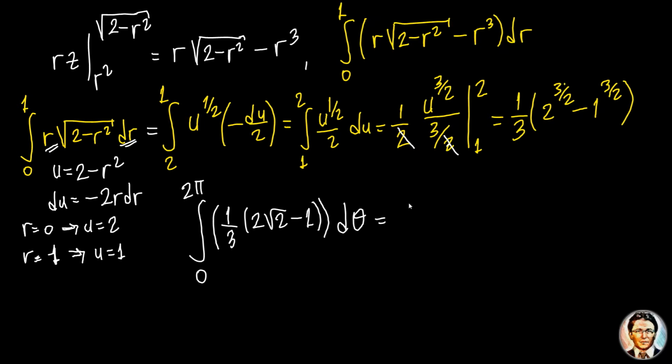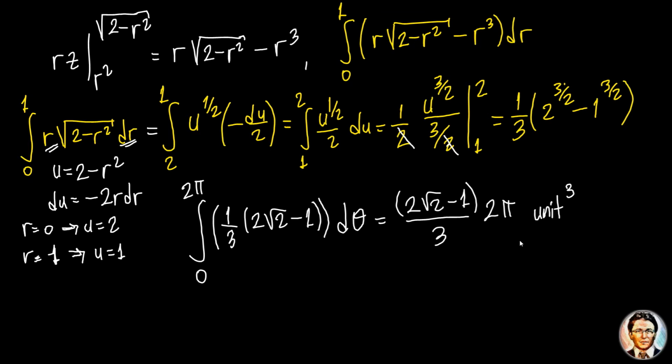So this is going to be 2 square root of 2 minus 1 over 3 multiplied by 2 pi. For theta, 0 will give us 0, and 2 pi will give us this. So this will be the volume.